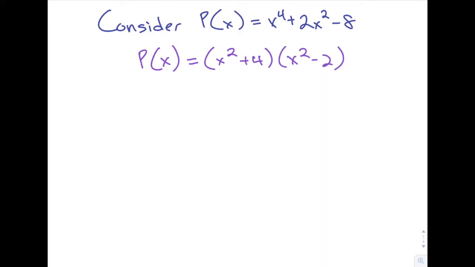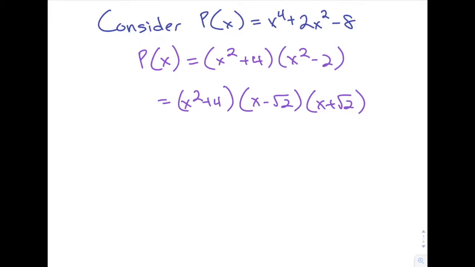Now at this point we have a choice. We can either use the complex numbers to factor x squared plus 4, or we could not. If we say we're not going to use the complex numbers, then we have to leave this as x squared plus 4. But we can factor x squared minus 2 into (x minus the square root of 2) and (x plus the square root of 2). So we've seen that a polynomial factors completely into linear factors if we use the complex numbers.